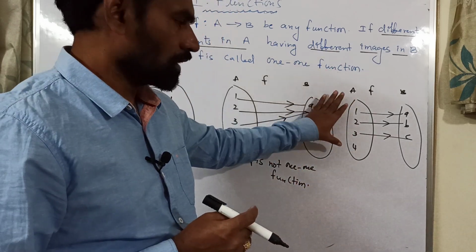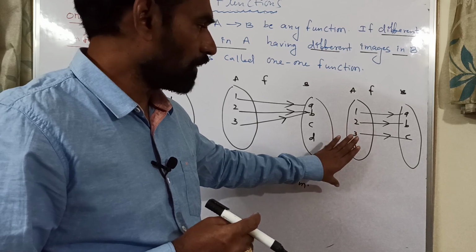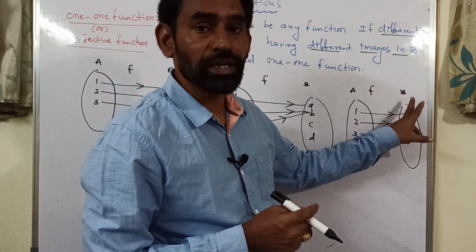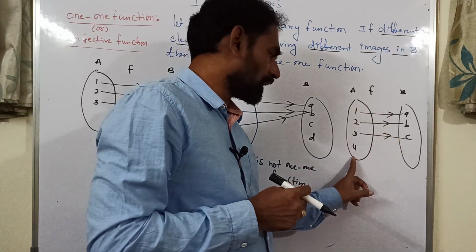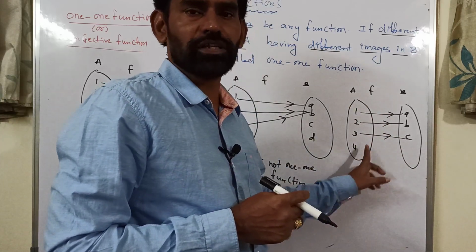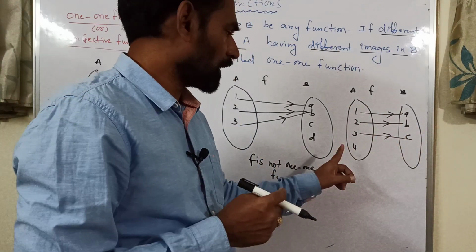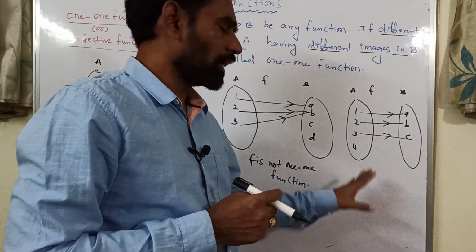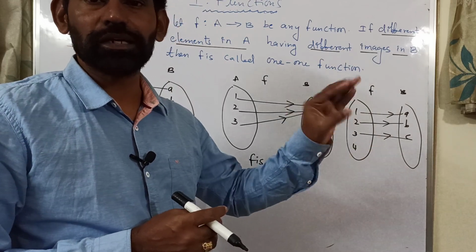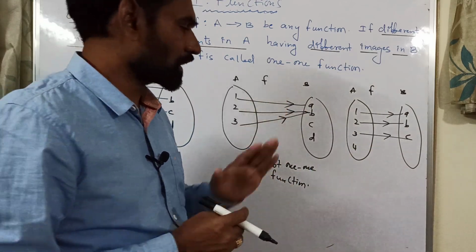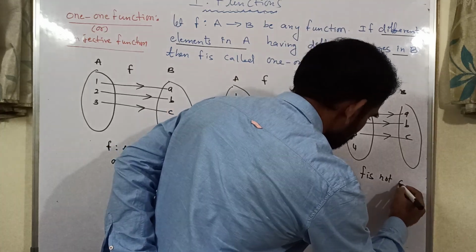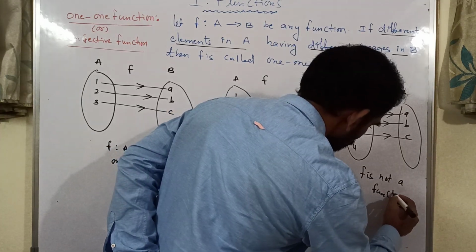Function means every element in A is associated with a unique element in B, but 4 is not associated with any element in B. That's why first of all it is not a function. f is not a function.